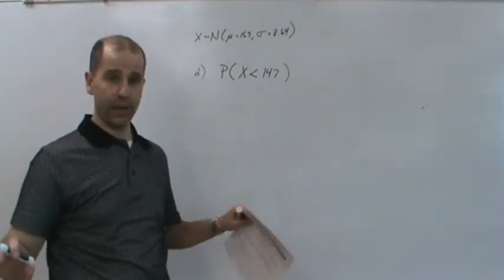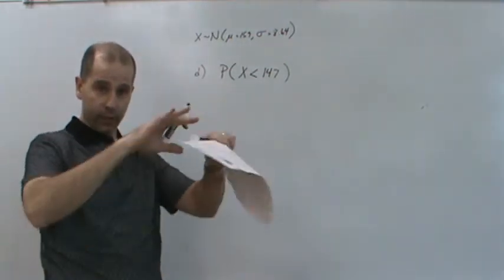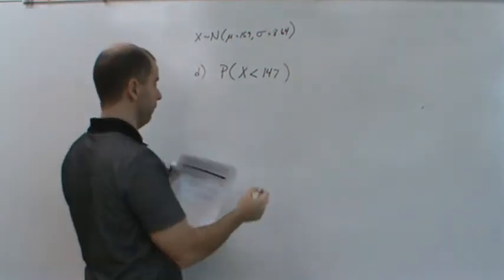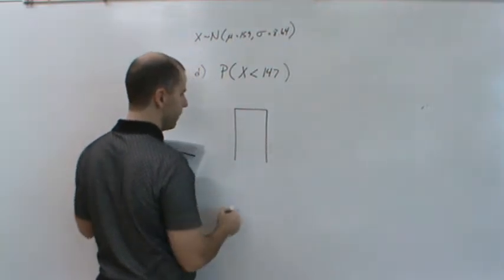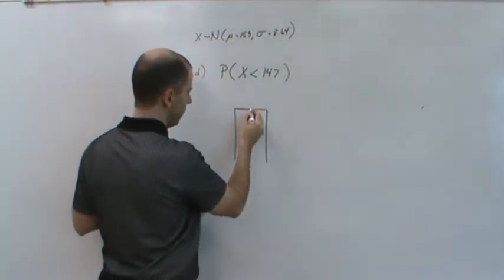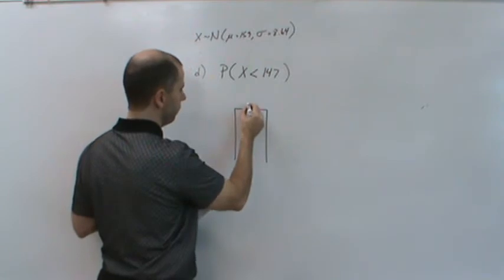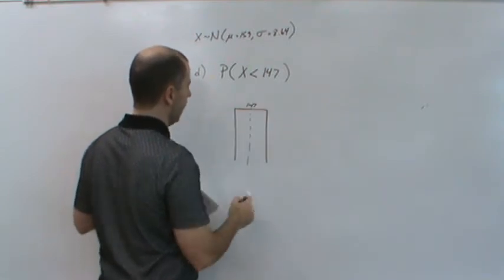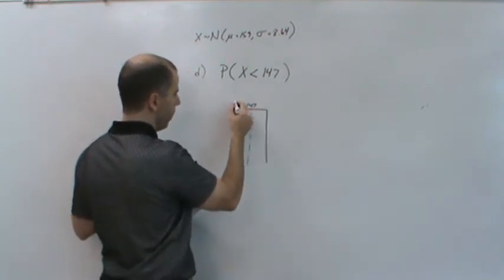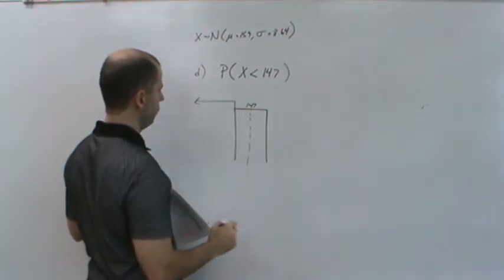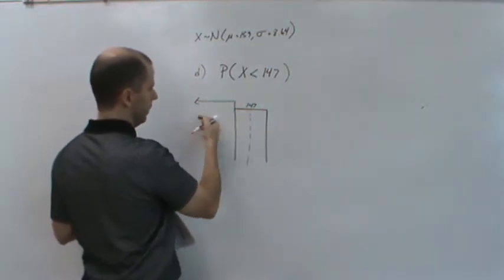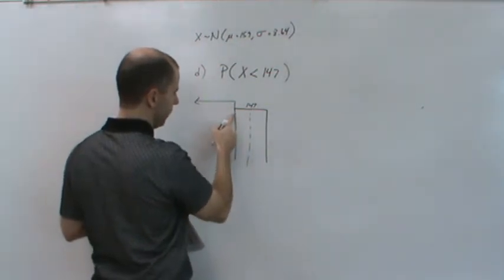We don't want that bar for the histogram included. So if we have the bar here at 147, and it's less than, we want everything to the left of this boundary.